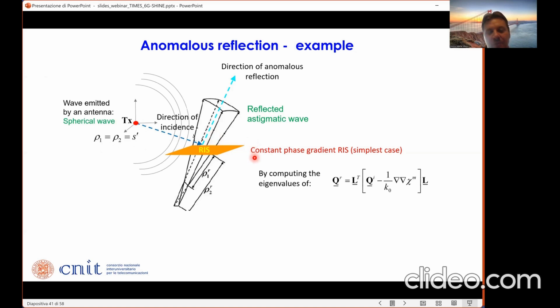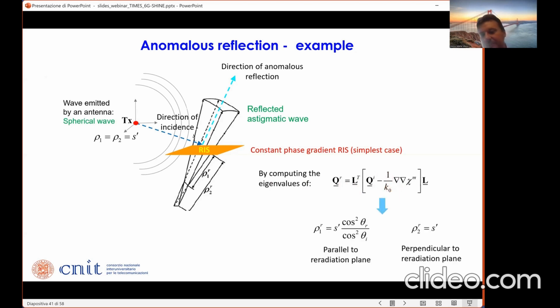And this happens also in the simplest possible case, which is the case of a constant phase gradient RIS. Also in the case of a constant phase gradient, when we have a spherical incident wave, the shape is modified, so the radiated wave will not be spherical anymore in general, but will be astigmatic. In fact, if I use this expression and I compute the eigenvalues, I get these two values.